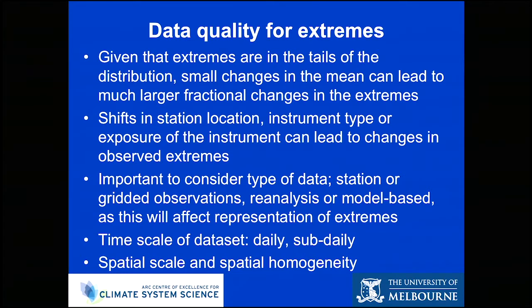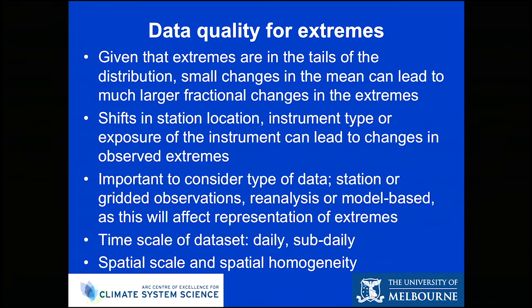And you have to think about the spatial length scale, the decorrelation length scale. For temperatures, it's quite large. For convective rainfall, the spatial length scale of extremes can be very short. And that will then depend upon the time scale of the extreme that you're looking at. Extreme monthly rainfall actually has a large spatial decorrelation length scale, but 1 hour rainfall often has a short length scale, particularly if it's convective.